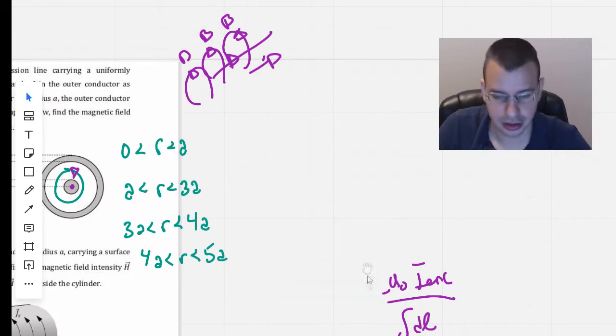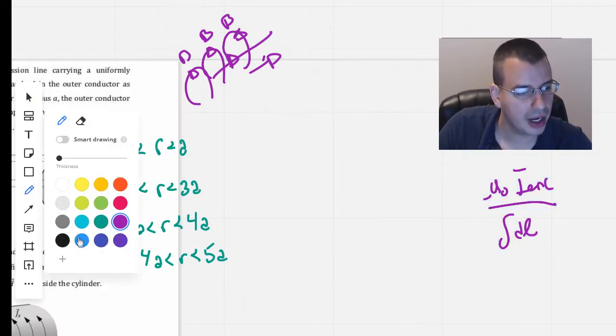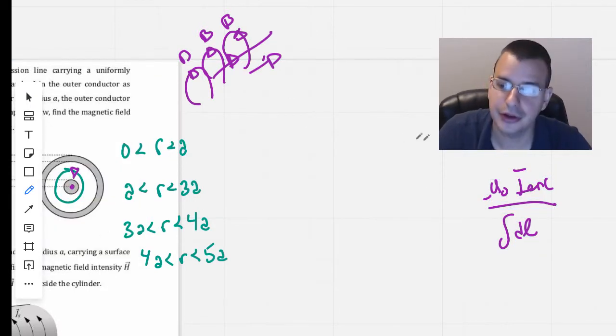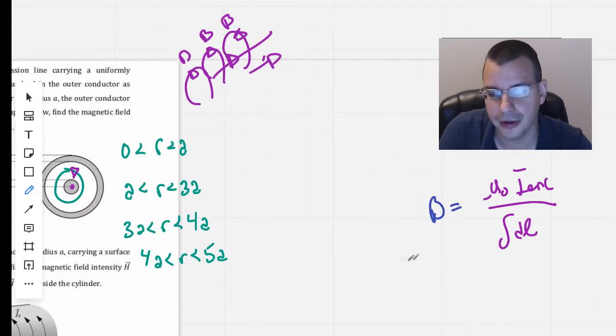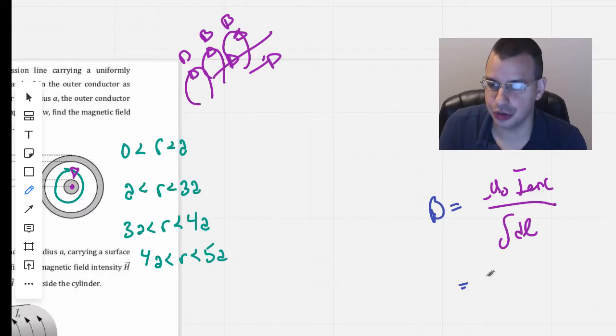Erase this, move this over, rewrite my B for magnetic field. We have B equals, and so when we're looking within the inner circle here, our I enclosed will be proportional to the circle here.